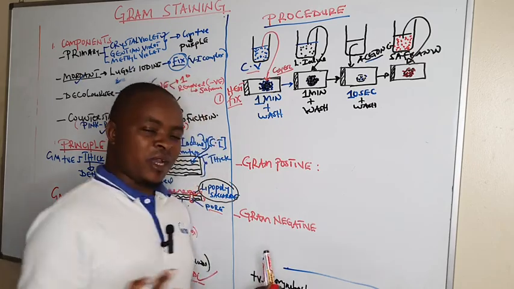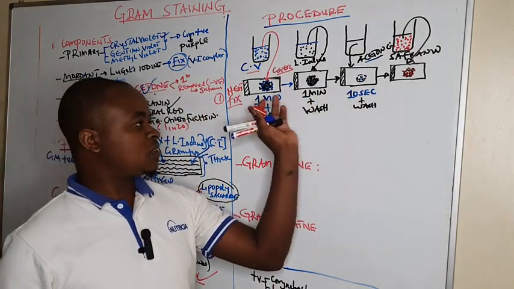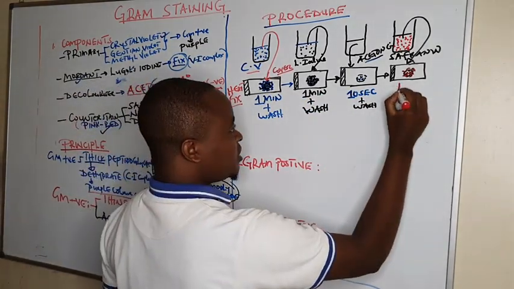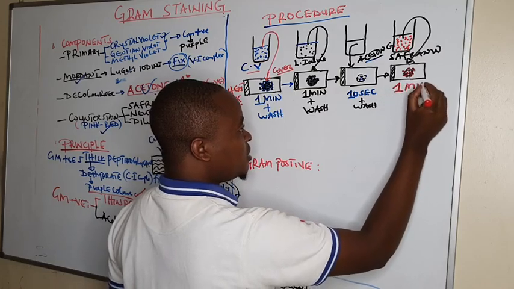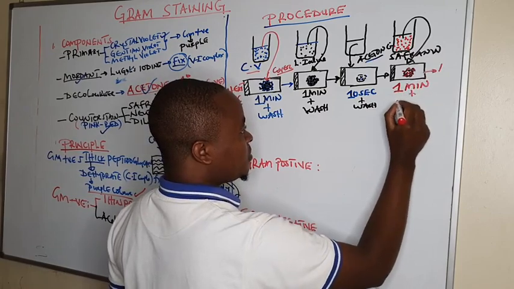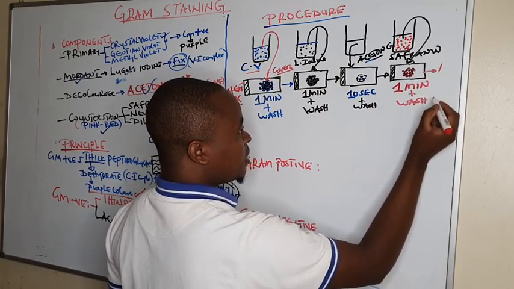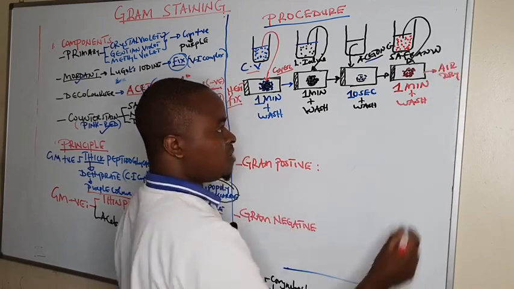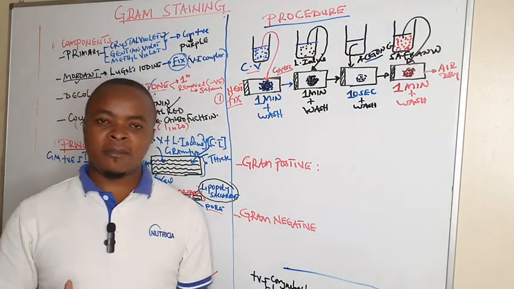For the gram negative, if they had lost the crystal violet, they are going to take up the counter stain, timed for 1 minute. Then after this, we wash, and then we end by air drying. You air dry the smear, and it is ready to examine.